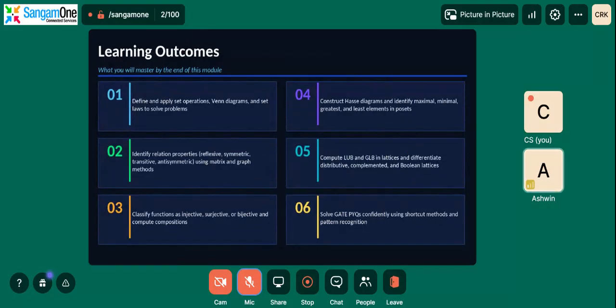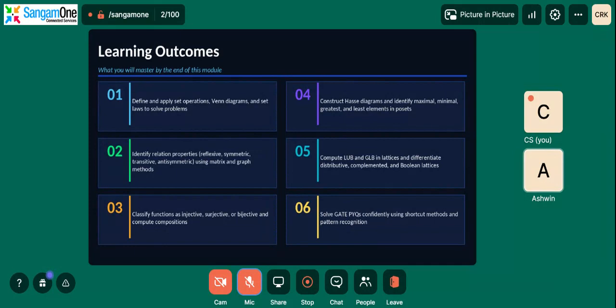What you will learn by the end of this module is to define and apply set operations, Venn diagrams, and set laws to solve problems, identify relation properties using matrices and graph methods, and classify functions as injective, surjective, or bijective, and compute compositions.